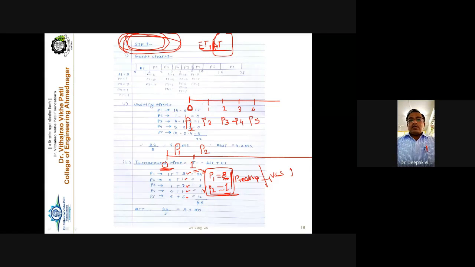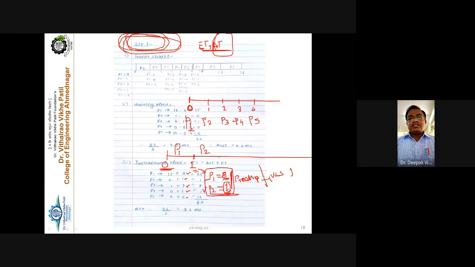The newly arrived P2 has less CPU execution time than the currently executing process, so P1 is removed from the processor and P2 is assigned the CPU. This is the exact logic. It will continue up to the next arrival of a process.